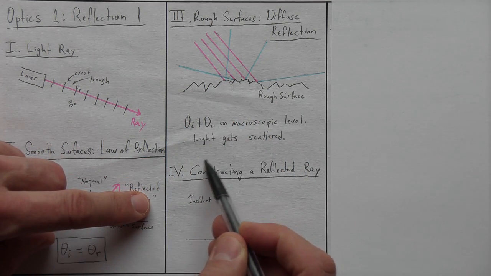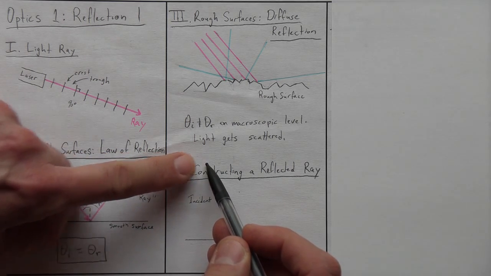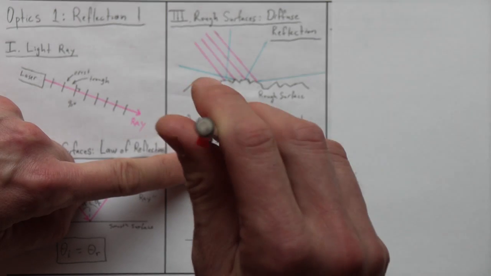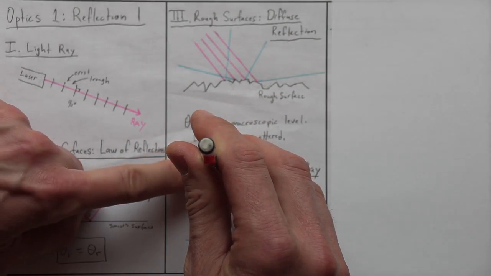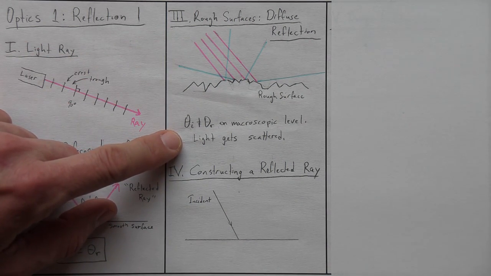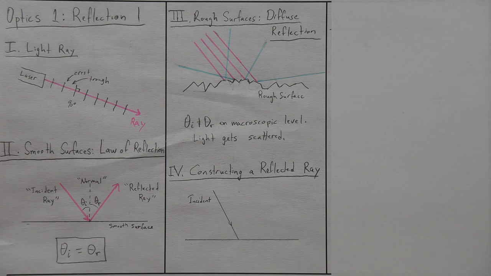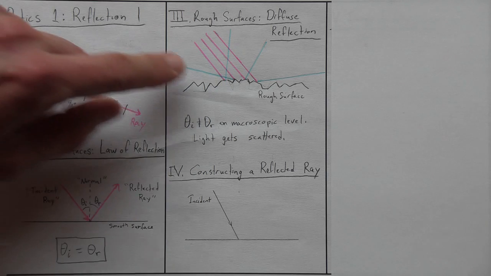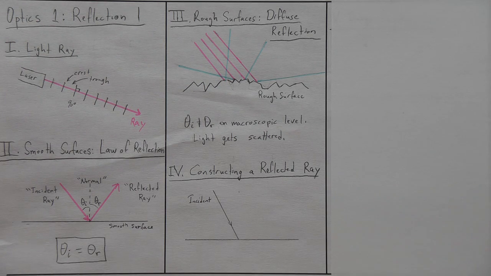So you would see a red dot here if the laser was red, and look, it bounces straight up at 0 degrees to the normal. This came in maybe 60 degrees to the normal. And so the law on a macroscopic level does not hold. Theta incident does not equal theta reflected on the macroscopic level. Light gets scattered when you shine it on a rough surface.